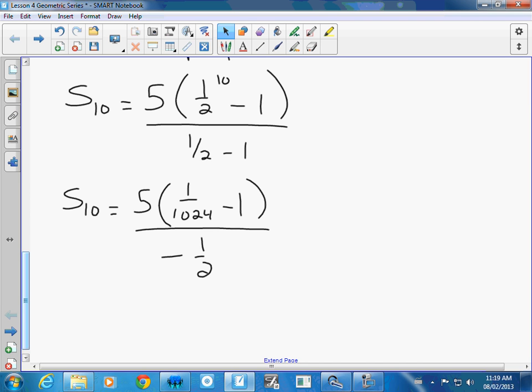Right? What do we do to that fraction? What is that? What does it mean to divide by a fraction? It means you multiply by what, though?